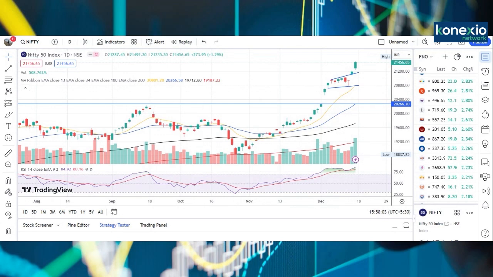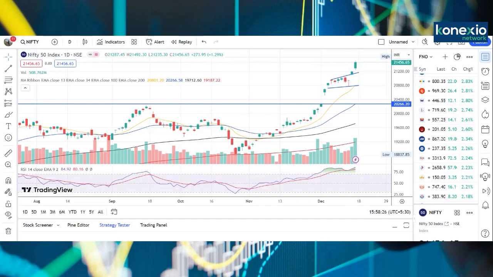It traded very sharply on a positive note for the next 2 days, Thursday and Friday, and ended on a positive note. Here you can see RSI has also entered a highly overbought region, but still with positive signals.